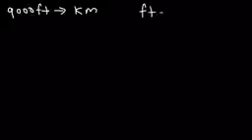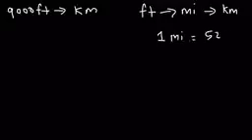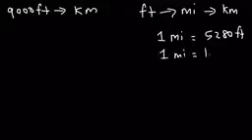Now we know the conversion factor that will take us from feet to miles, and then we know the one that's going to take us from miles to kilometers. So we know that 1 mile is equal to 5,280 feet, and 1 mile is also equal to 1.609 kilometers.